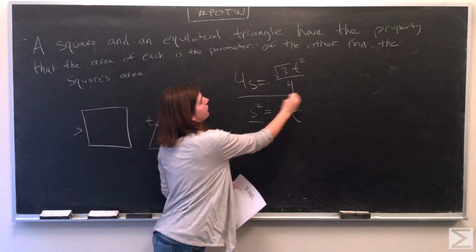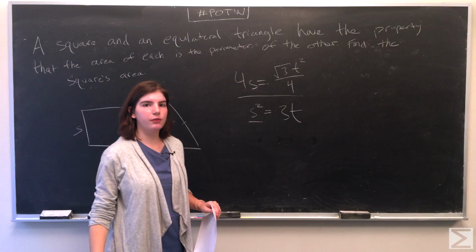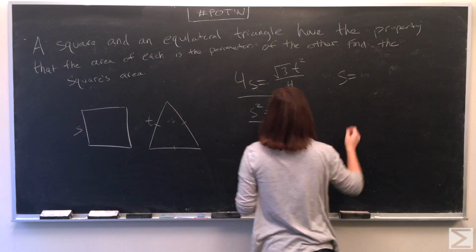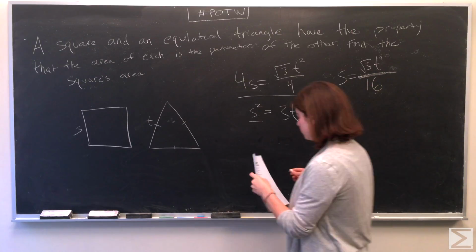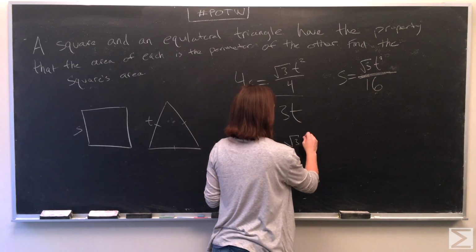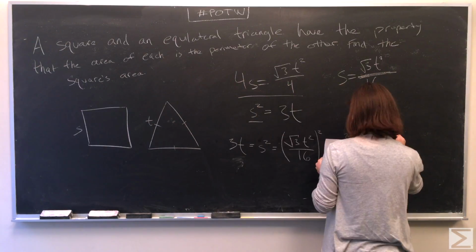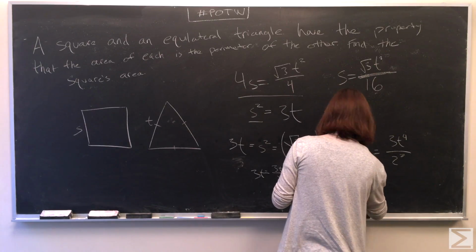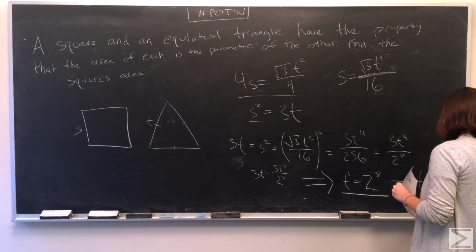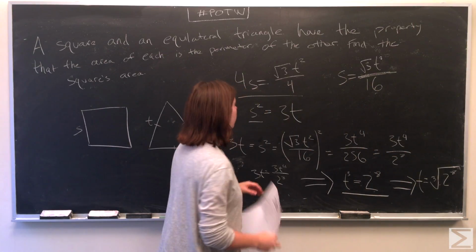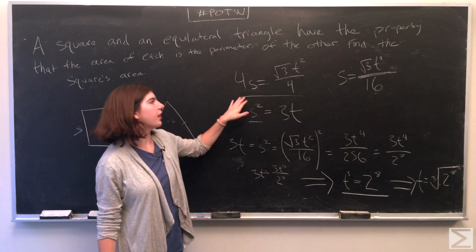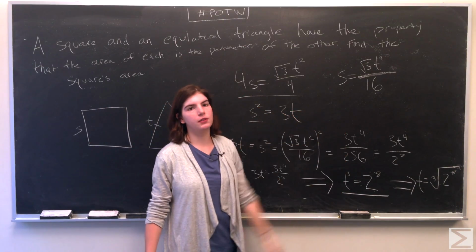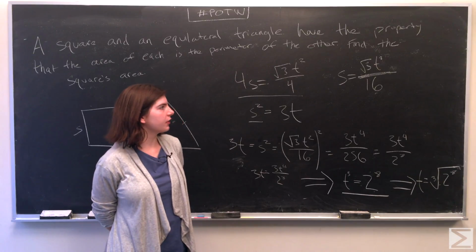We'll use this equation first, dividing both sides by 4 to get s in terms of t. Once we divided both sides by 4, we're left with s equal to the square root of 3 times t squared, all over 16.